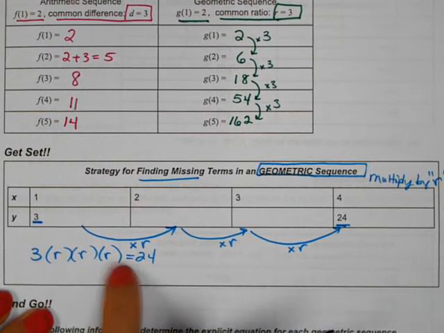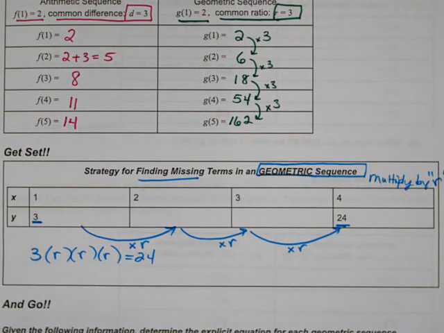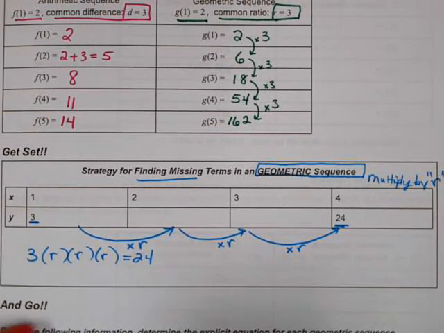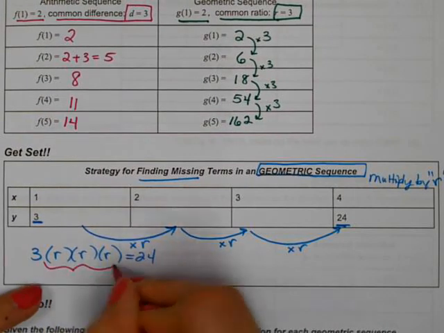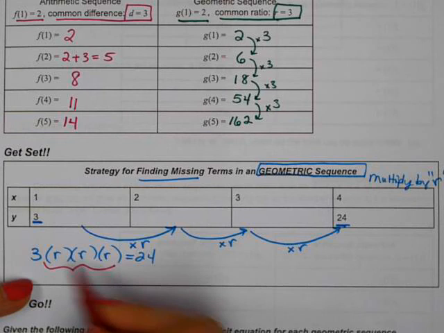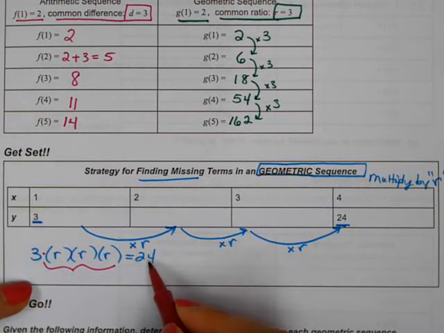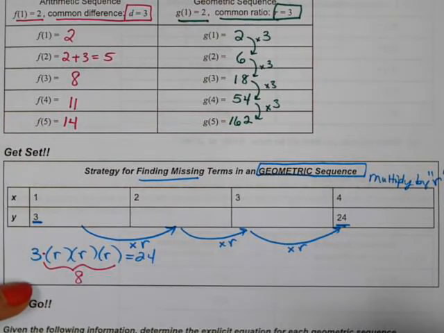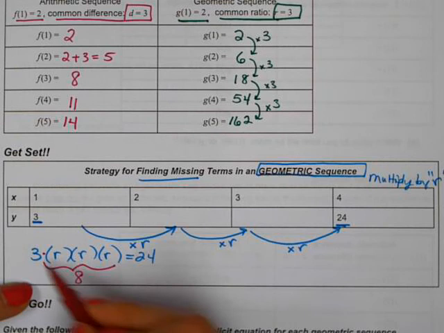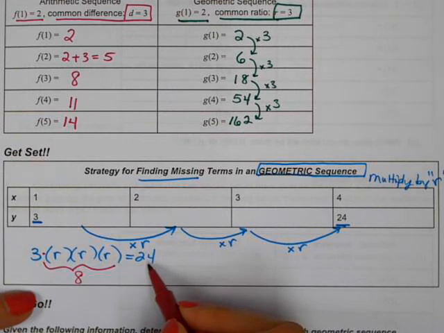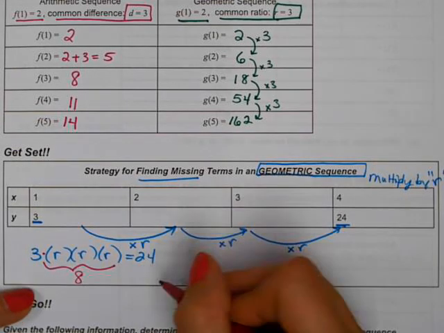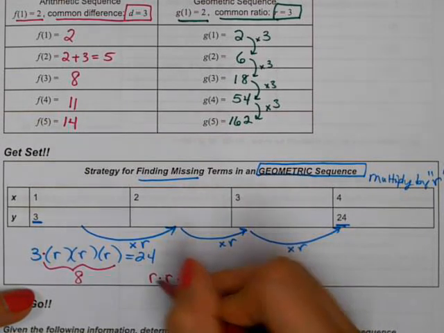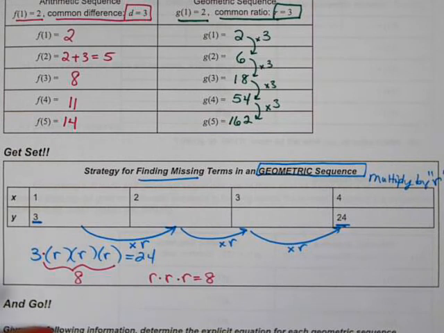There are 3 common ratios here. And so right here, I don't know what the r is, but I know 3 times something makes 24. And right here, this has to equal an 8. 3 times 8 is 24. So what we have to figure out is r times the same r times the same r makes an 8. What number does r equal?